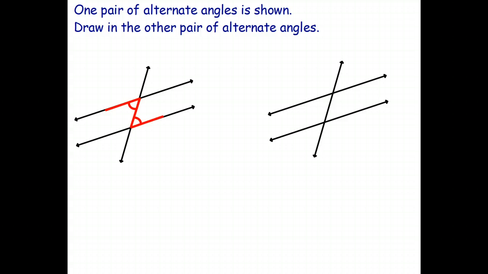Now it turns out there's another pair of alternate angles. This is the pair of alternate angles that are less than 90 degrees. We can also have a look at the alternate angles that are bigger than 90 degrees. So that angle is equal to that angle. So those also are alternate angles, even though they're not drawn very nicely.